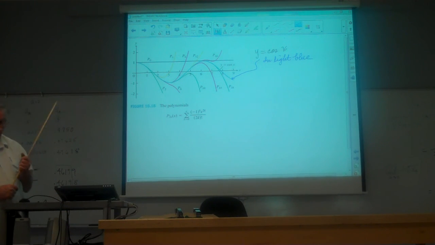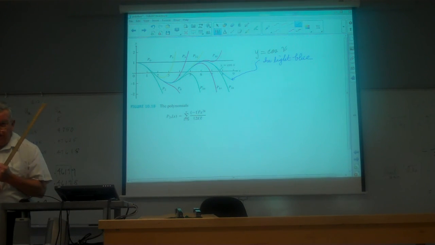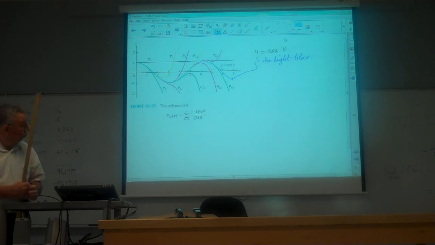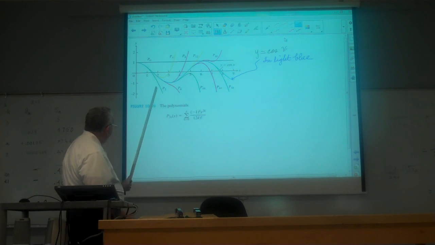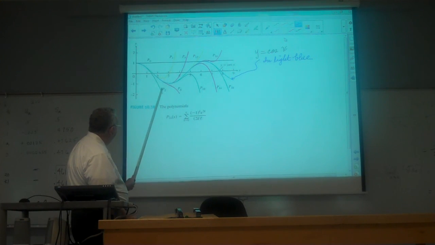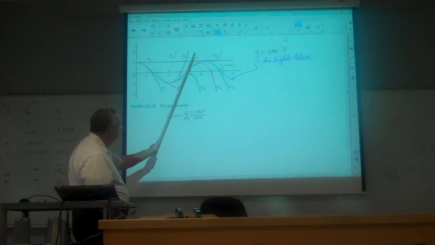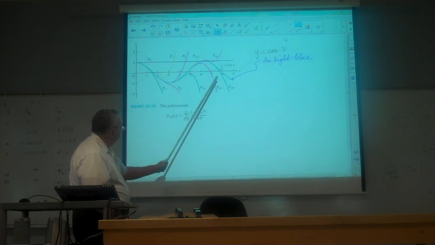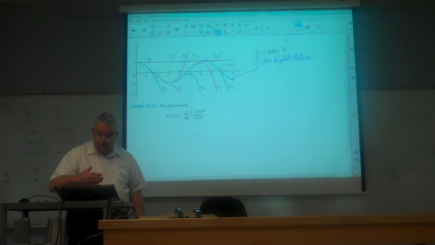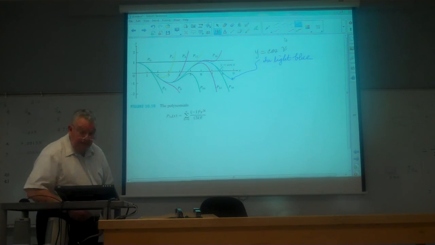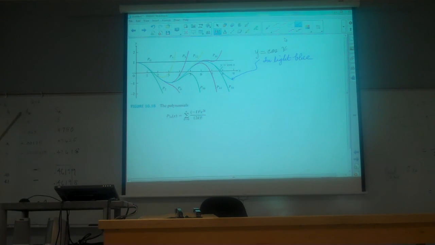So here's what we did. We did the same thing I just did with my example. We built Taylor polynomials with n equal 0, 2, 4, 6, 8, 10, 12, 14, 16, and 18. Isn't that 18 lines in this table?